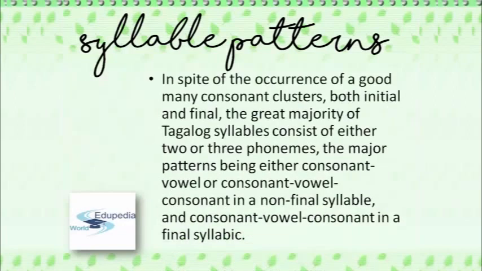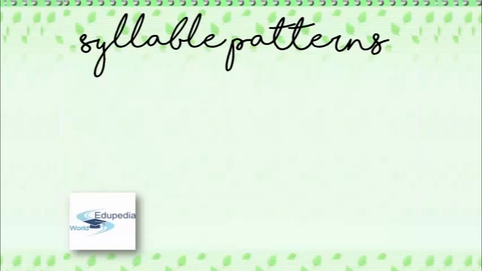In spite of the occurrence of a good many consonant clusters, both initial and final, the great majority of Tagalog syllables consist of either two or three phonemes, the major patterns being either consonant-vowel or consonant-vowel-consonant in a non-final syllable, and consonant-vowel-consonant in a final syllabic.